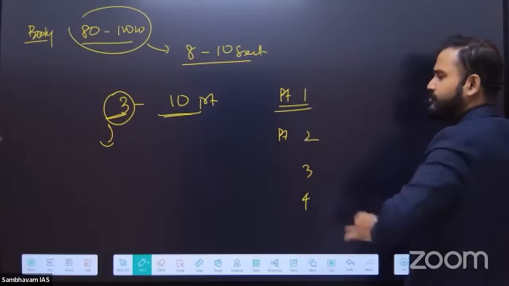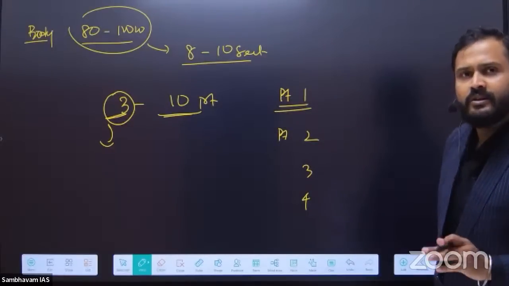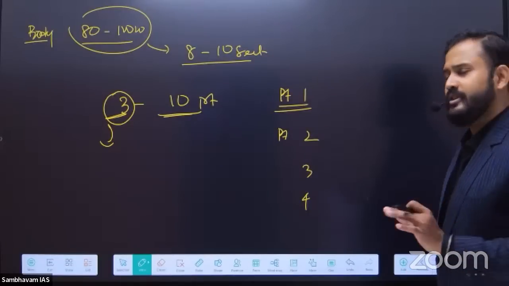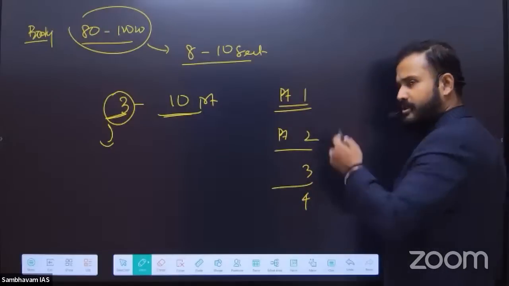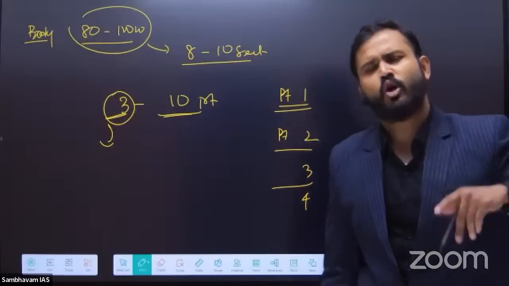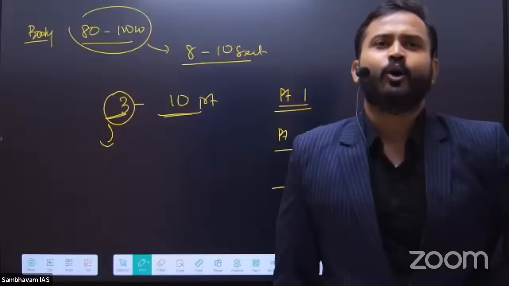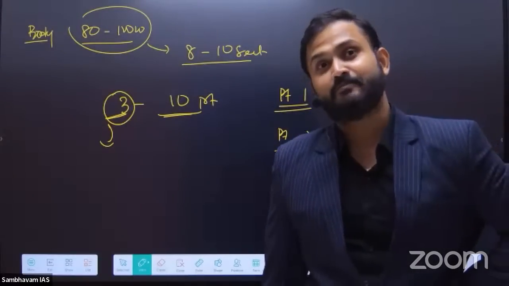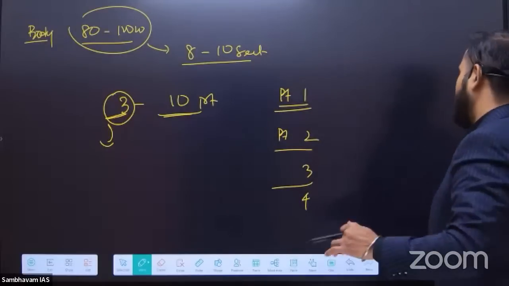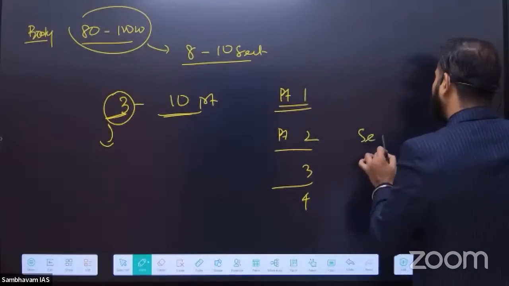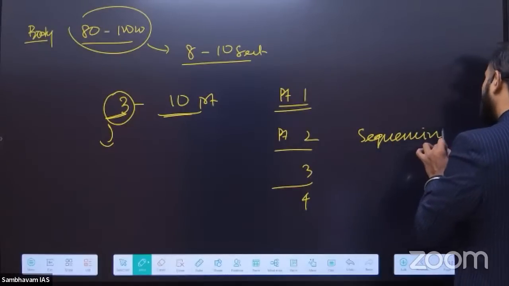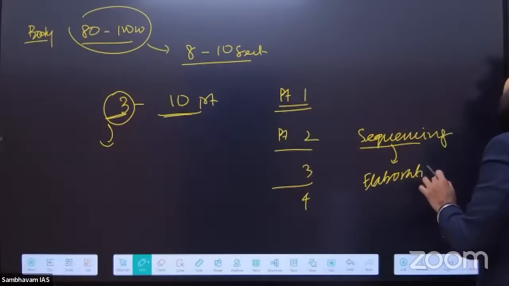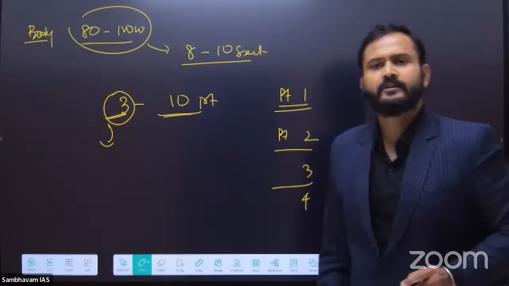You will often find point number 1 is purely imaginary, maybe garbage. From point 2 onwards, you will start writing productively. If you think that in the examination hall you will be pulling stunts, all you need to do is complete the syllabus. Trust me, there's a bigger shock coming. So the next step will be sequencing, and then elaboration. This is the ideal way of answering.